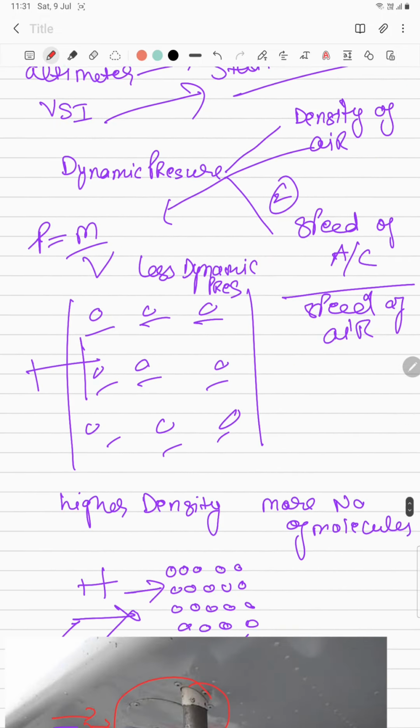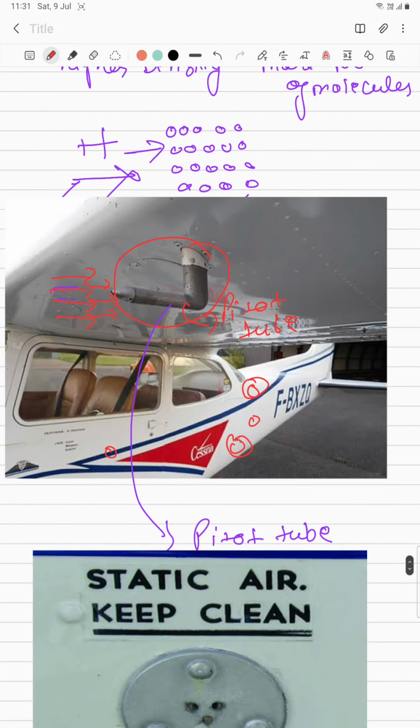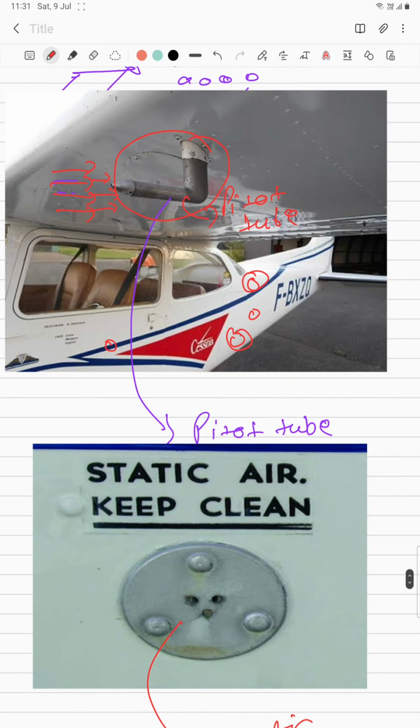So these are the things that I want you to go through, and in the next video we will be talking more about the Pitot static system: what happens if the tube gets choked, why the pitot is placed away from the fuselage, why the static port is placed on the side of the aircraft, and we're going to learn certain properties and errors regarding the same.